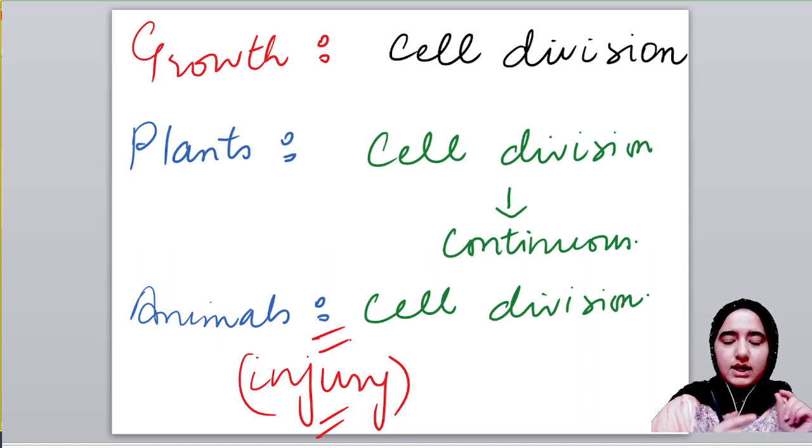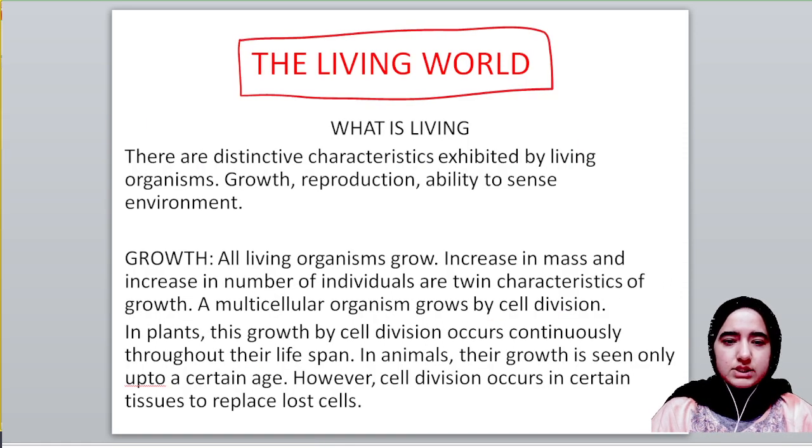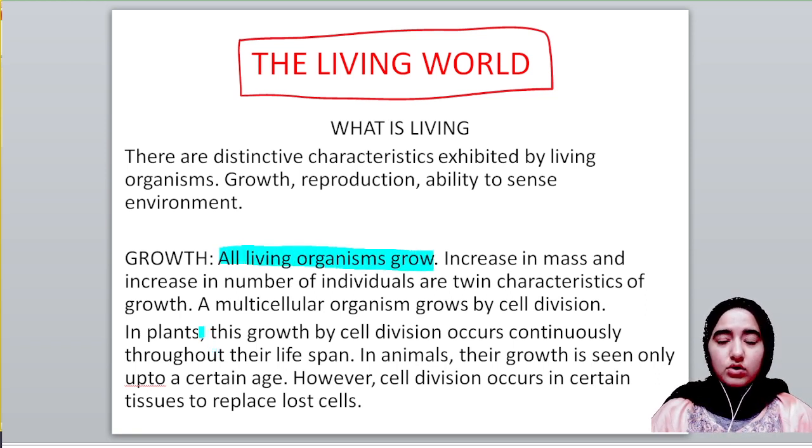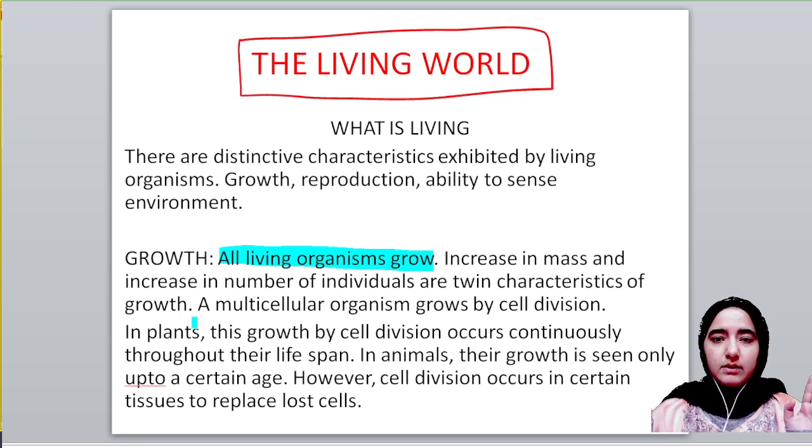Please remember this, when cell division takes place after certain growth. I hope this concept is clear. We will see it through this PPT. Growth: as I already told you, all living organisms grow, and they either grow in mass or in height, or they increase the number of individuals.